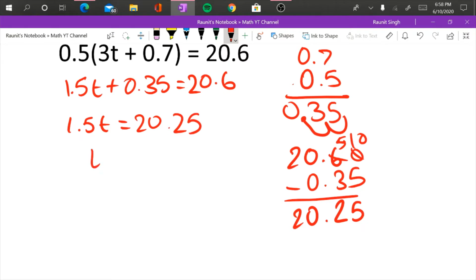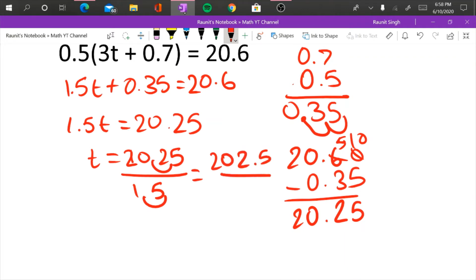And then we're going to divide both sides by 1.5. Since the denominator has a decimal, since it has 1 number to the right of the decimal, we can just move that decimal over 1, and then we can do the same thing for the numerator, so that it becomes 202.5 divided by 15.